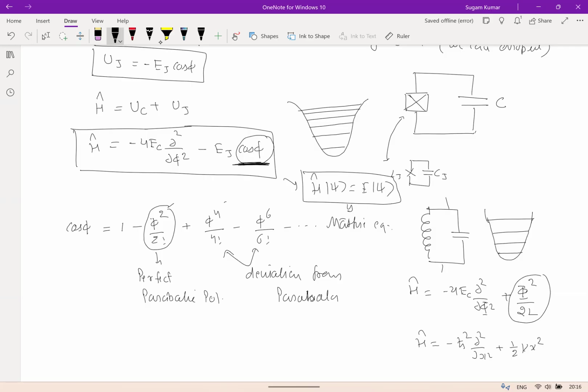In a particular case, I will prove later that the separation between the consecutive energy levels is actually decreasing. Therefore, we can say the Josephson junction is a non-linear element.